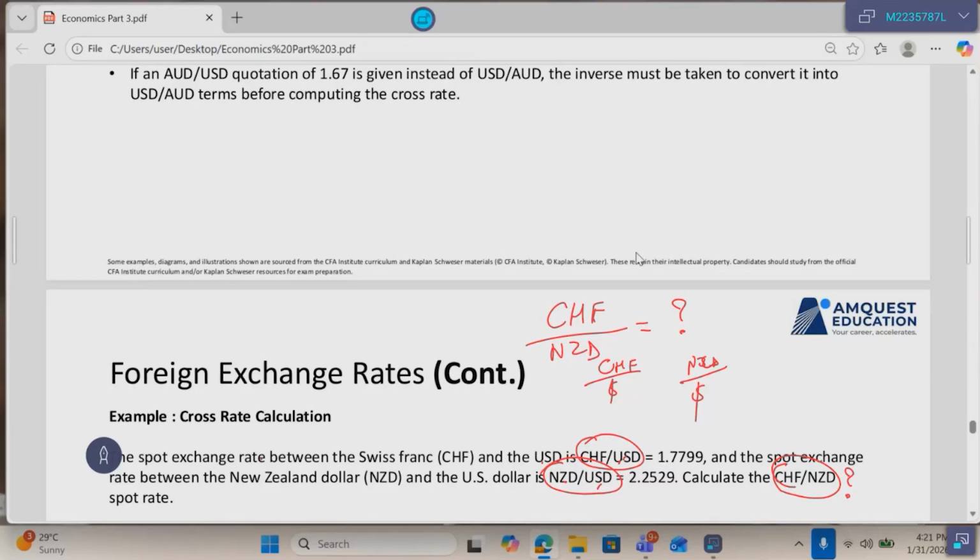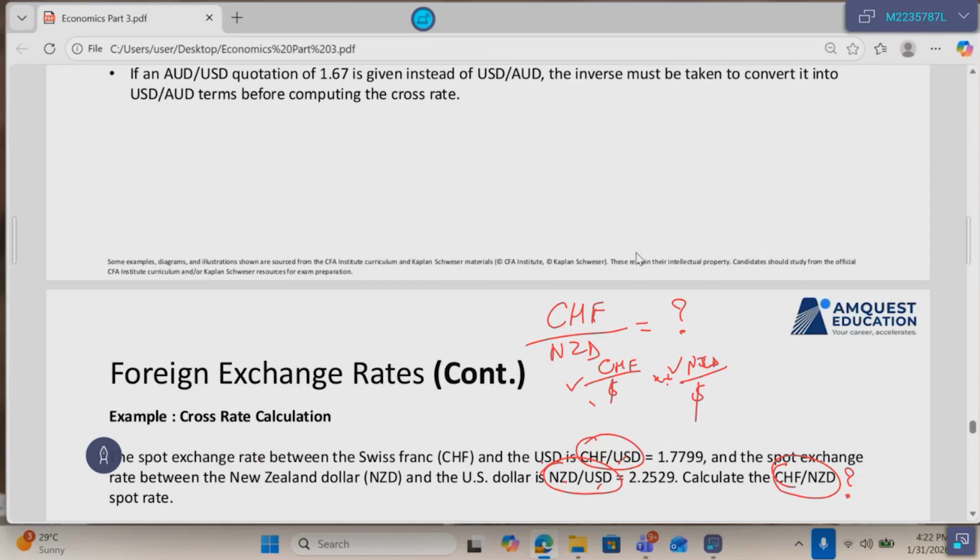Answer. Should I multiply? Should I divide? Answer guys. Multiply or divide? I have this, I have this. What to do? Answer online? No idea? Hello?